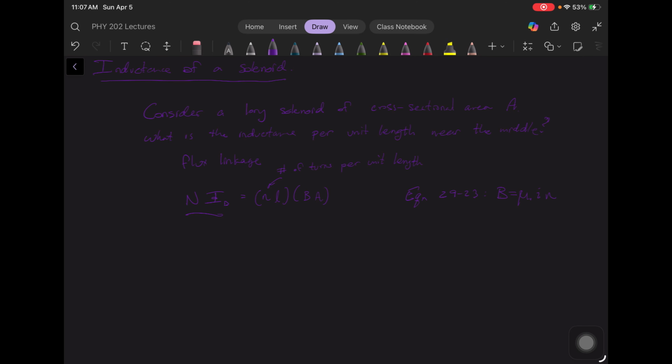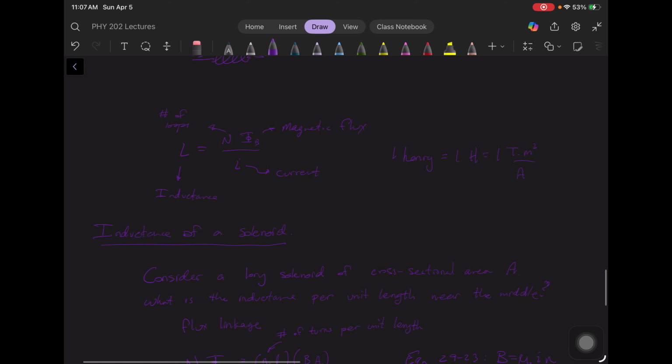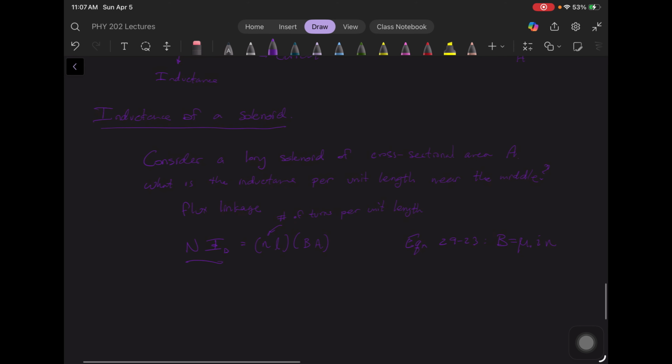And so if we bring back this equation, L is equal to N phi B over I, which capital N is just lowercase n times L. The flux is BA over I, and then we can kind of plug some things in here.